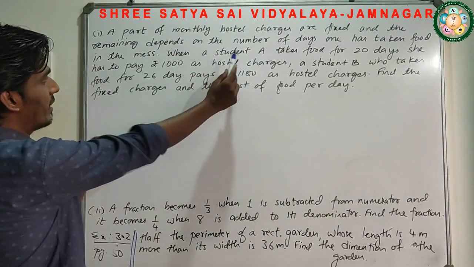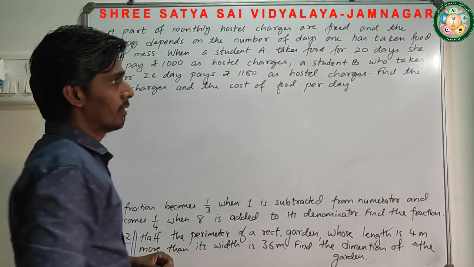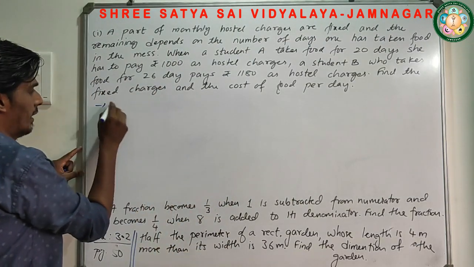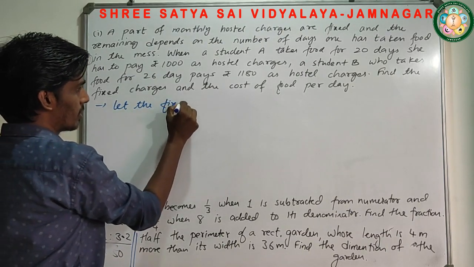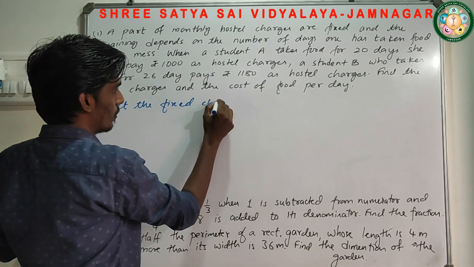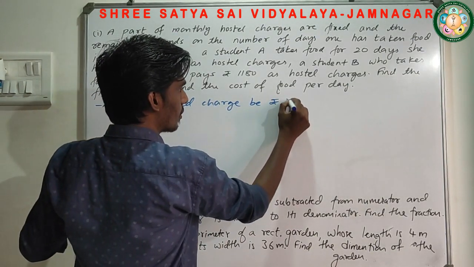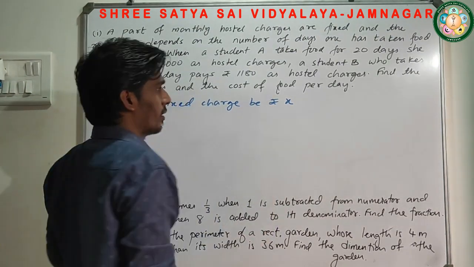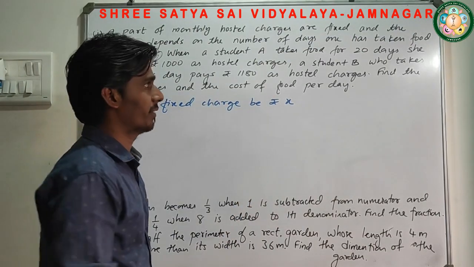A part of the monthly hostel charges are fixed. So for a hostel, some charges are fixed. So we're going to assume that the fixed charge be rupees X. Whenever you are assuming anything, write its unit. Here it's related to amount, so I have to use the rupees sign.